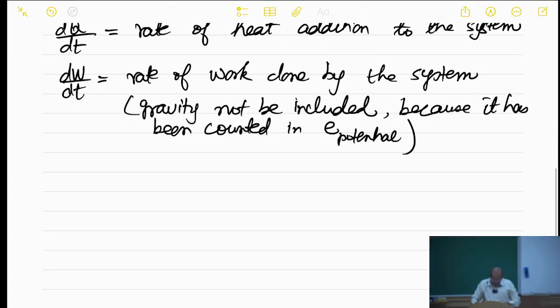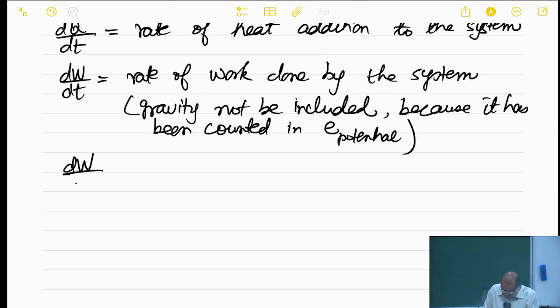And then we started looking at the details of dW by dt.